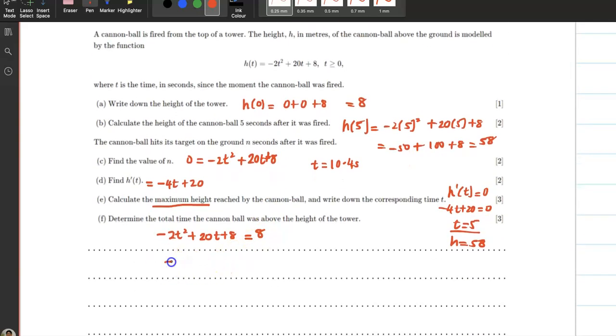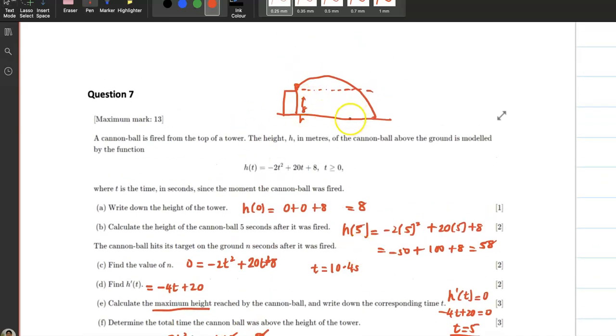So minus 2t square plus 20t plus 8 equals 8. The 8 and 8 cancel, becomes 0, correct? If you take minus 2t common, what will you be left with? t minus 10. So t is equal to 0 or t is equal to 10. So between 0 and 10, the cannonball is above the tower. After that, it starts coming down below the height of the tower.